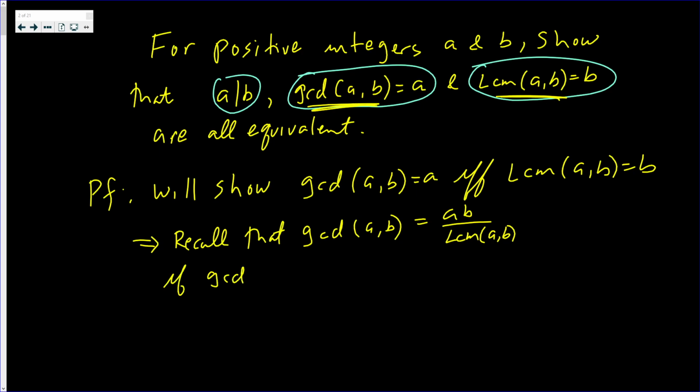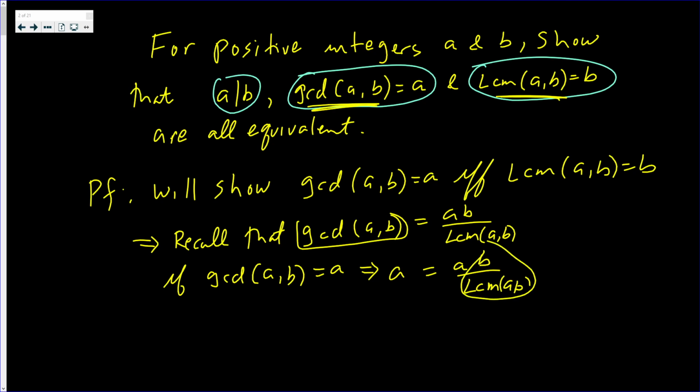If the GCD of a and b is equal to a, that implies that a is equal to ab over the LCM of a and b. Well, then that should be 1.